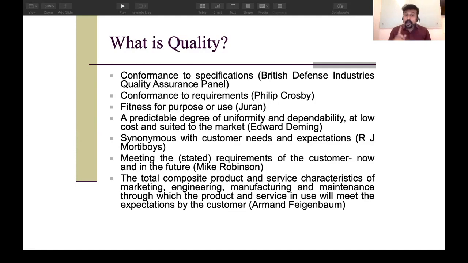Now coming to the next definition by Mr. Joseph Juran: fitness for purpose or fitness for use. It's a wonderful definition, specifically for the manufacturing industry. You have a mobile phone, and what you expect from a mobile phone is basically communication.